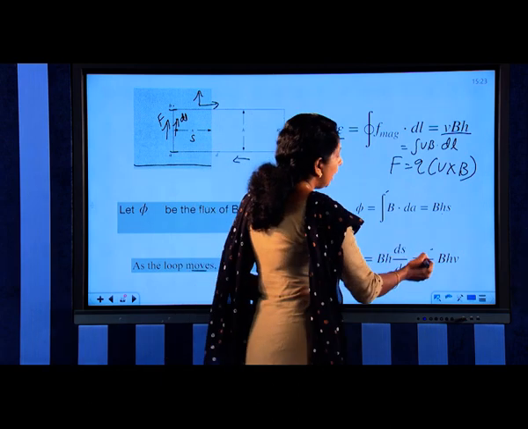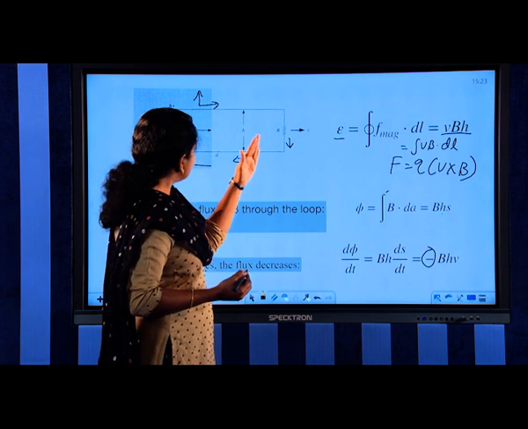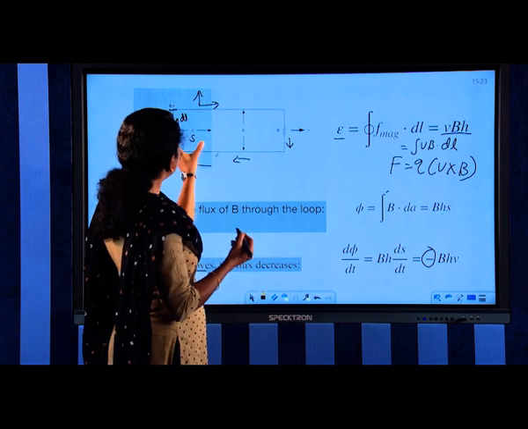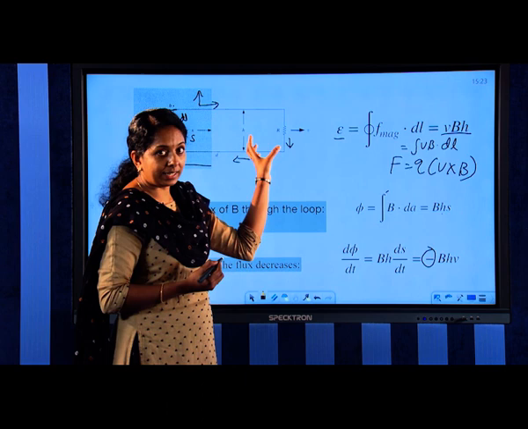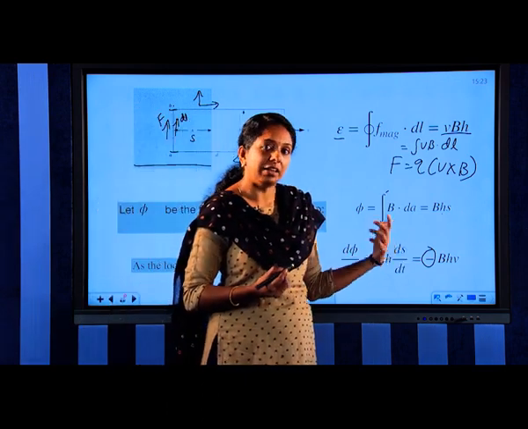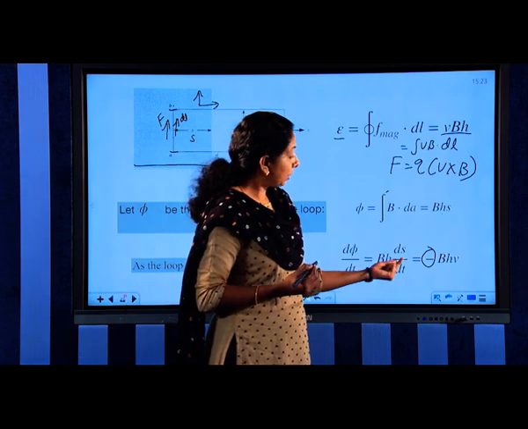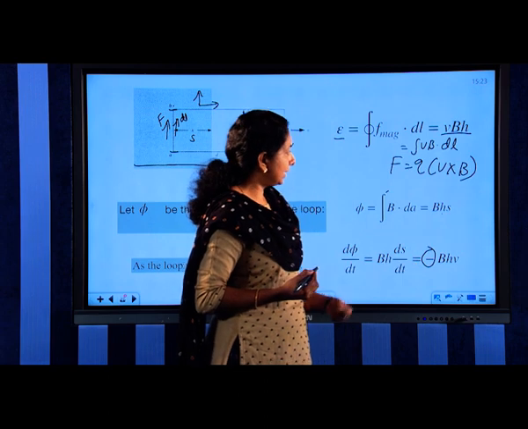Here we are showing a negative sign just because when time increases, the length of the portion inside the field goes on decreasing. In order to show that, we show this negative sign.